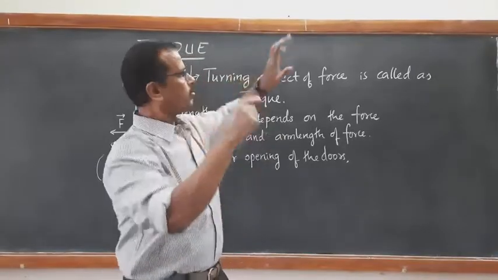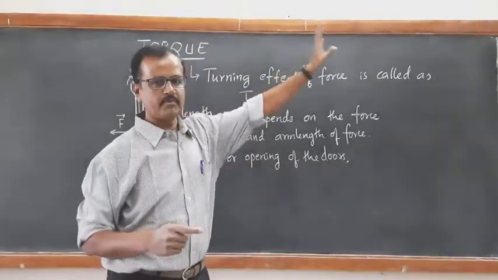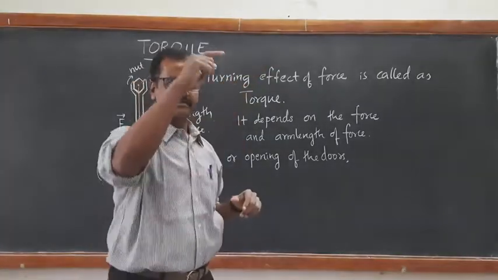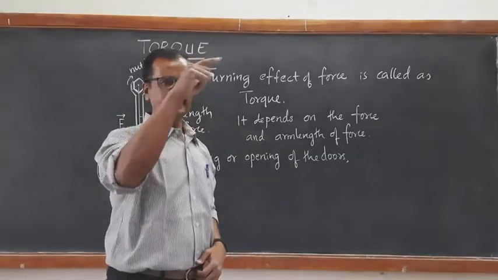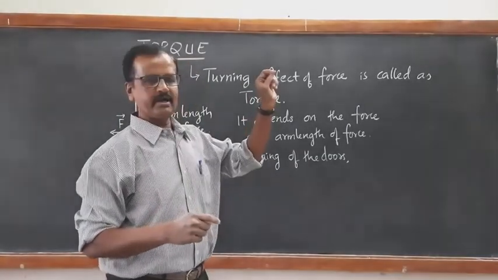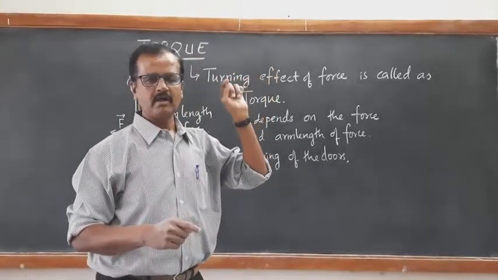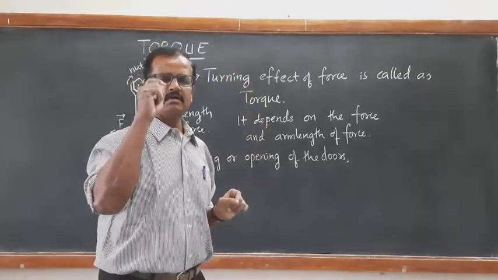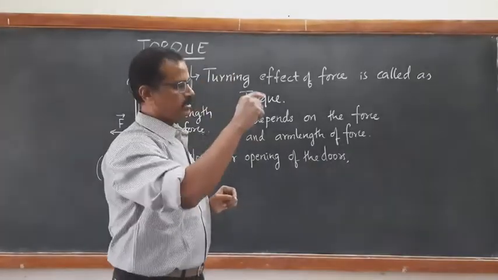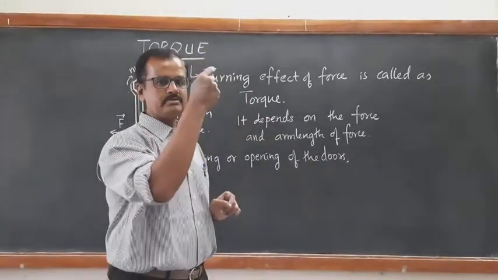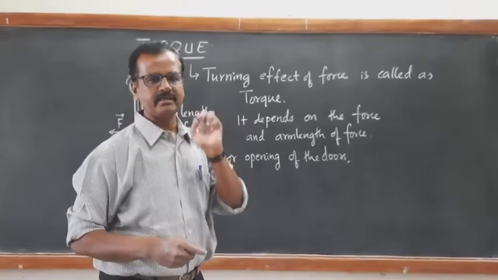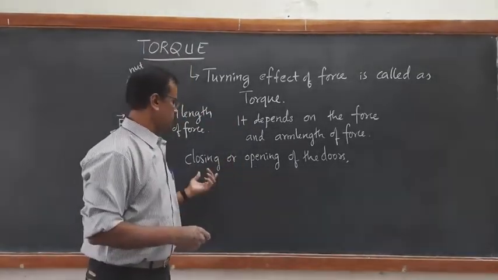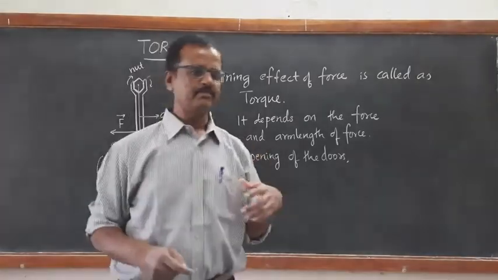If your wall clock has stopped working, suppose you open it, you can turn it. So you are applying force at one particular point. The other end of those clock hands is fixed, so that you can turn it clockwise or anti-clockwise, and you can set the timing. So closing or opening of the door, you can give number of examples.